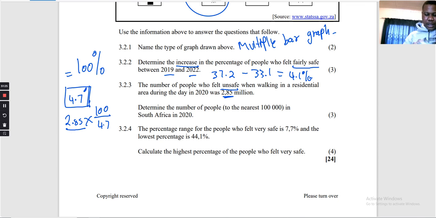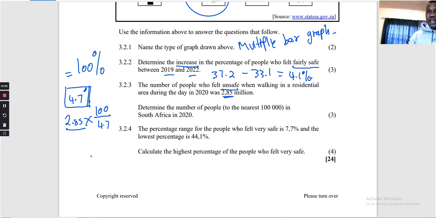Let me use this calculator here. This one is the scientific, it will give me a nice one. 2,850,000, multiply by 100, divided by 4.7.